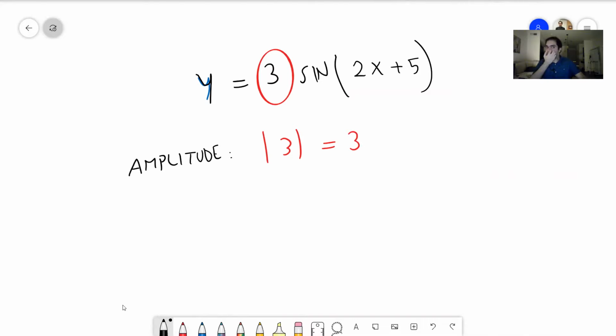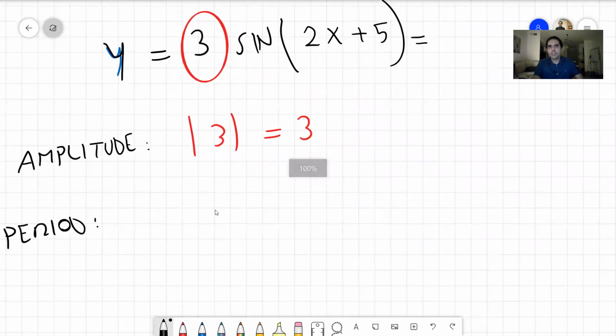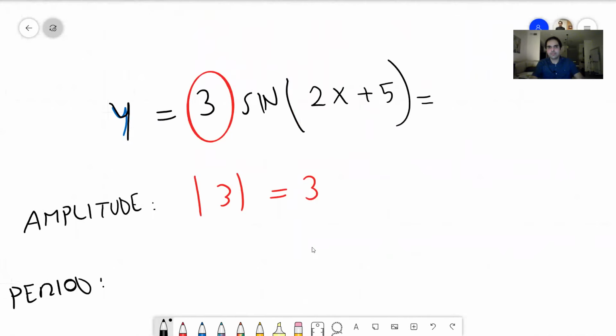And then there's something called the period. So in other words, how many times does it repeat itself? And there is a formula. I wouldn't even memorize it. It's much easier to do it as follows. So it's 3 times sine of 2 times x plus 5 halves.